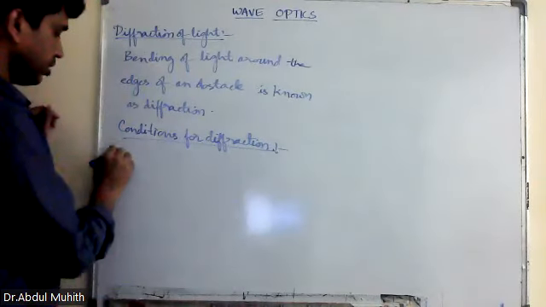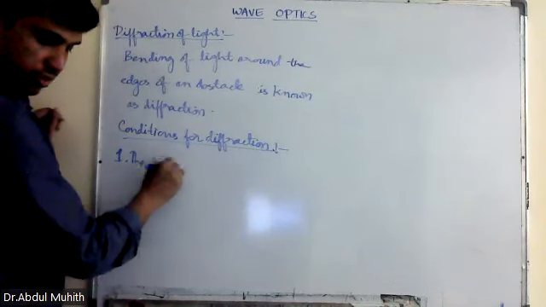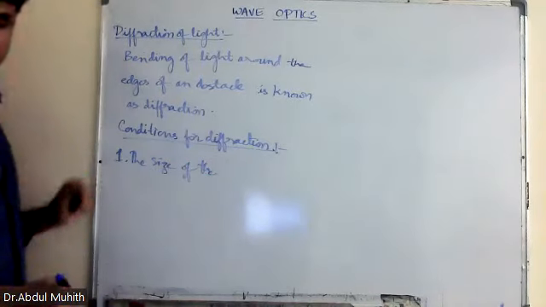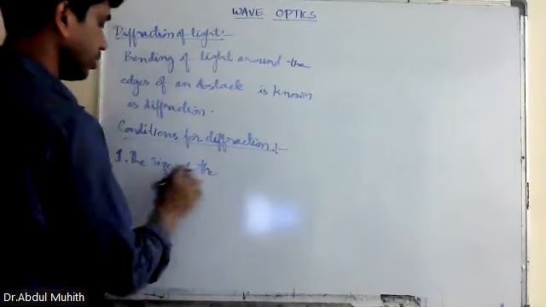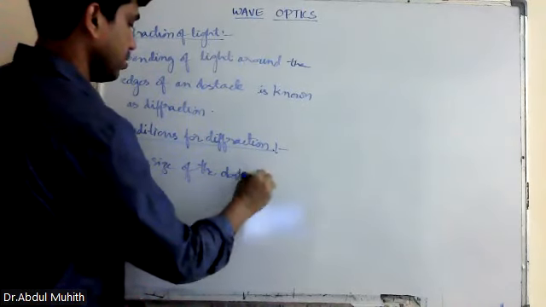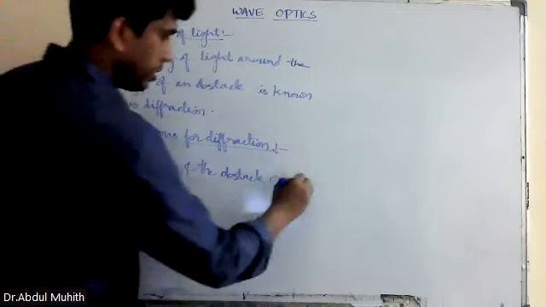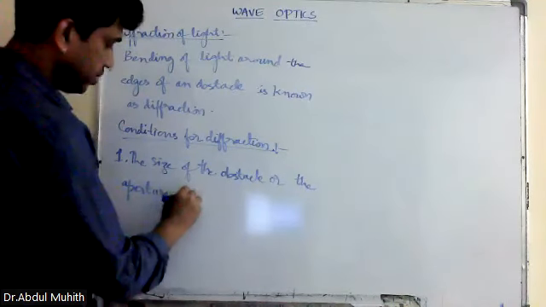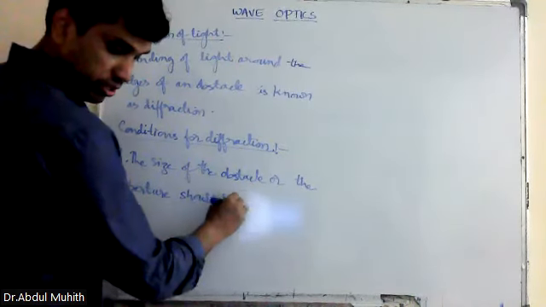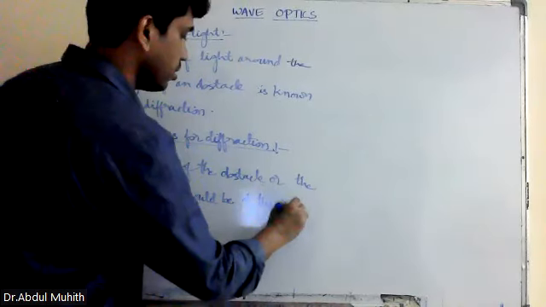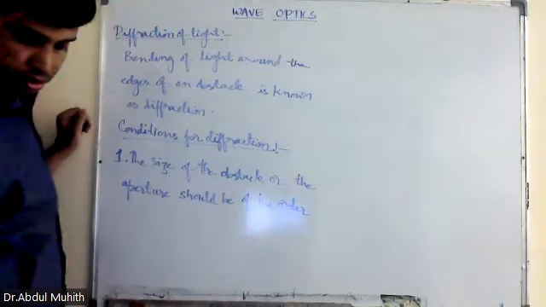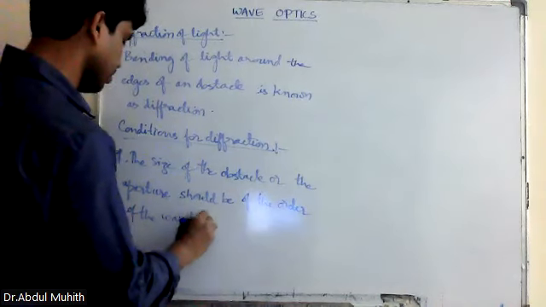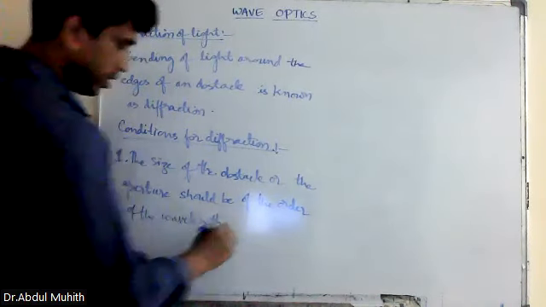The first one is the size of the obstacle or the aperture should be of the order of the wavelength of the incident wave.